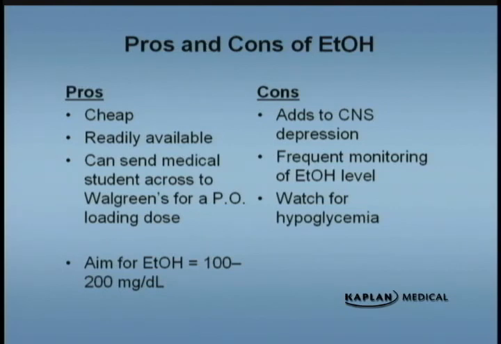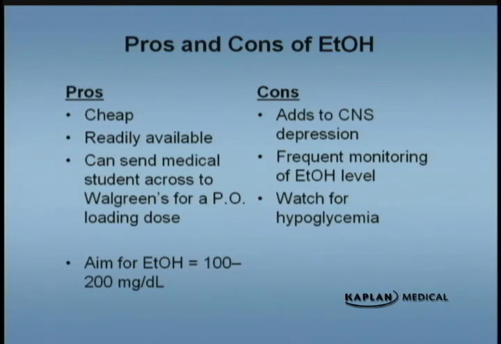So which drug do I use to block alcohol dehydrogenase? Do I give ethanol, ETOH, or do I give fomepizole? And basically, the ETOH has the advantage of being cheap and readily available. Usually what they do is, in the hospital setting, they mix up a 10% solution of ethanol and give it as a continuous IV drip.